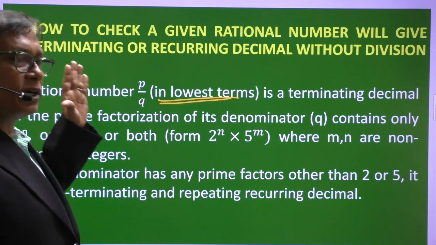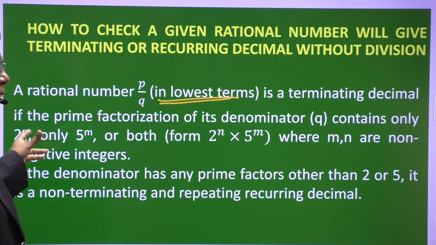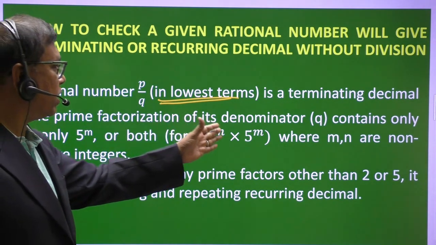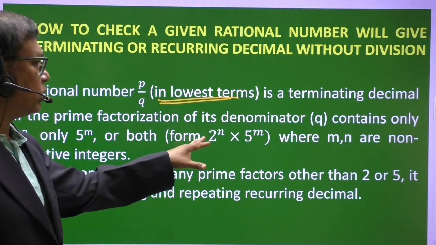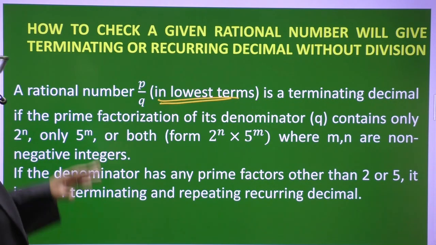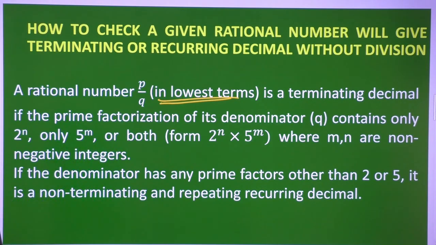If the denominator q is expressed in the form of 2 to the power n, or 5 to the power m, or 2 to the power n into 5 to the power m, where m and n are non-negative integers, then we can say the given rational number will give a terminating decimal.